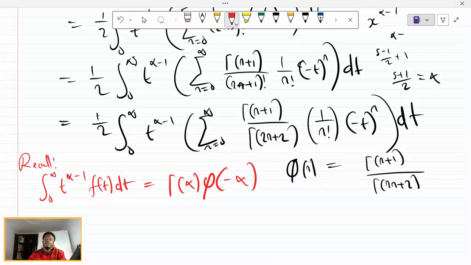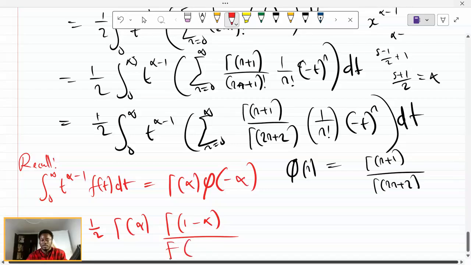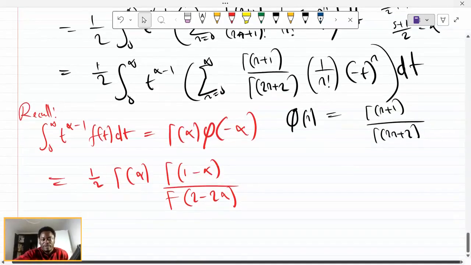So our expression here would be half of gamma of alpha times gamma of 1 minus alpha all divided by gamma of 2 minus 2 alpha. So now we can simplify things a little bit.